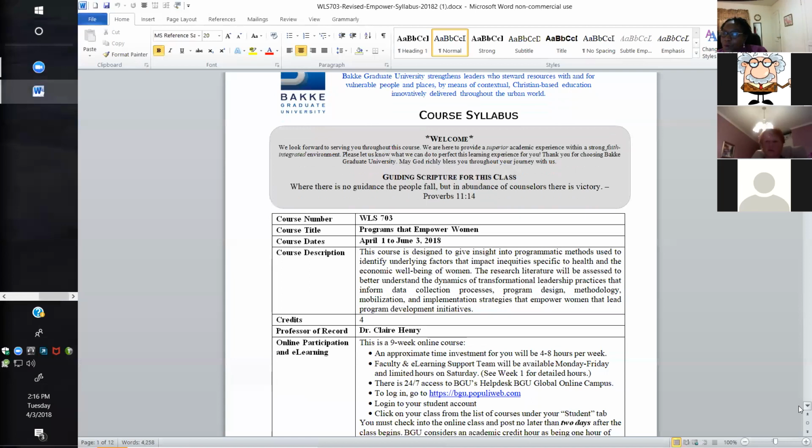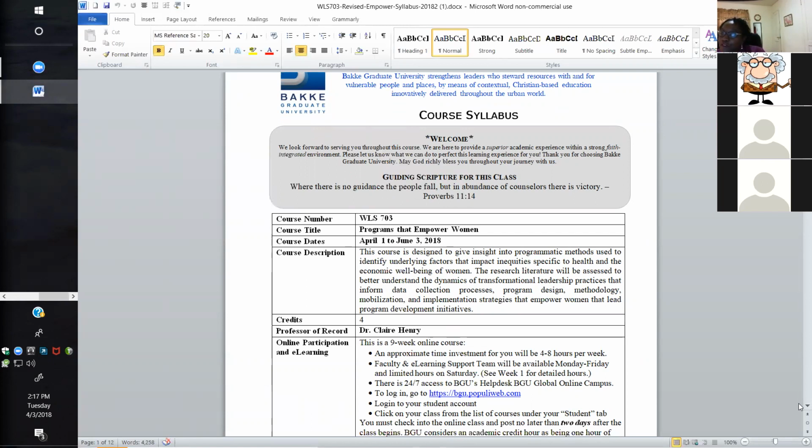Okay, so this is page 1 of the course syllabus and the course description. It says the course is designed to give insight into programmatic methods used to identify the underlying factors that impact inequities specific to health and the economic well-being of women.